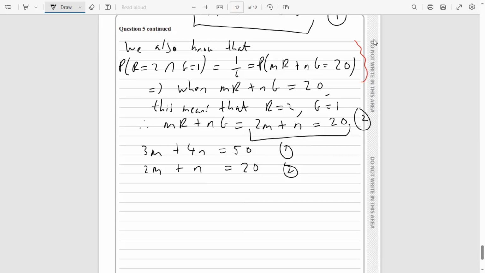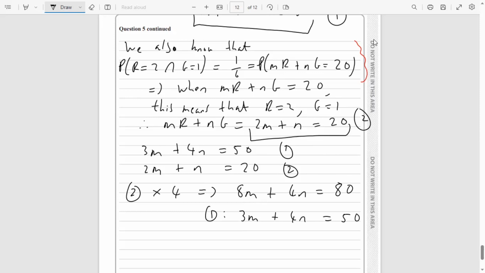So what we can do is if we times this number 2 equation by 4, we'll get 8M plus 4N is equal to 4 times 20, which is 80. And then we've obviously got this first one again, this number 1 equation, which is 3M plus 4N is equal to 50.